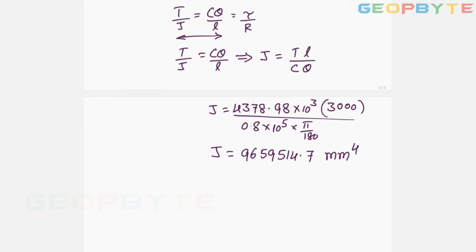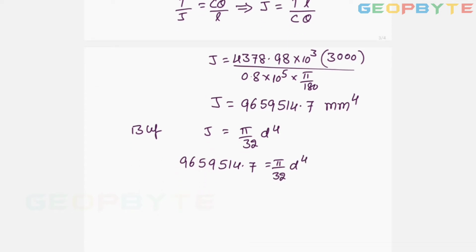J means polar moment of inertia, and J equal to pi by 32 into d power 4. So 9659514.7 is equal to pi by 32 into d power 4.